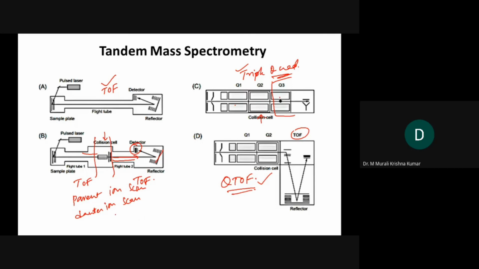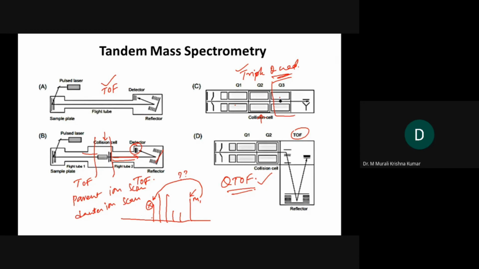Let's say in a mass spec, one molecule is there, this is M1, and here some fragment X is there. You want to know whether M1 is actually giving this X, whether X is a daughter ion of M1, or M1 is the parent ion of X. That is what we need to understand.